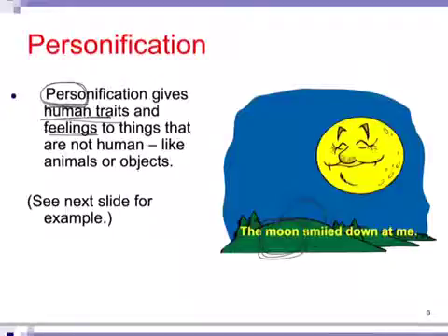So see if you can find one now in your poem. So here's our poem again. Now see if you can find an example of personification. When you do, go ahead and circle it and label it personification. Remember, think of something that they can't actually do, that human characteristic.